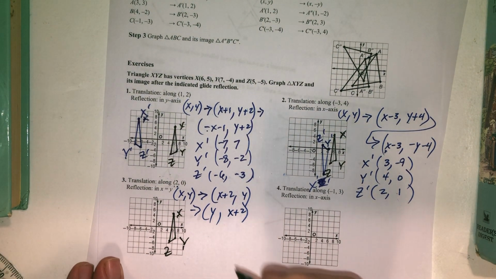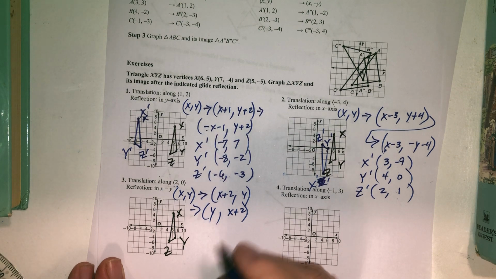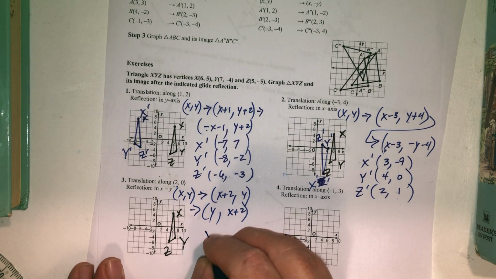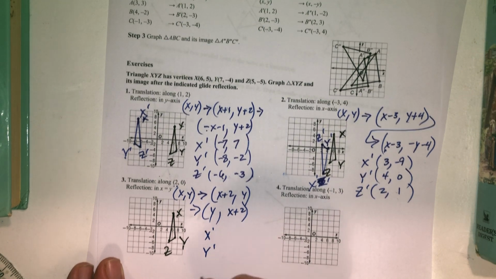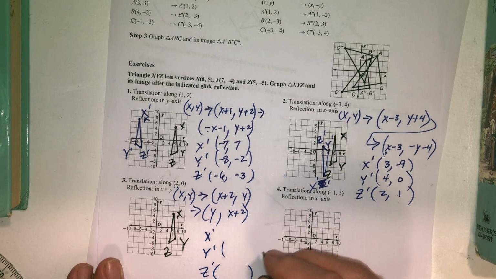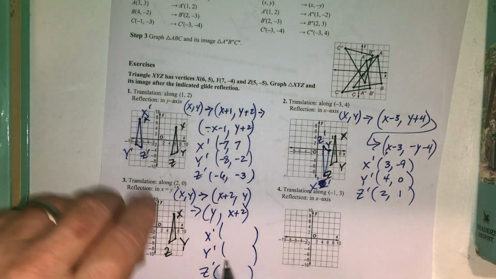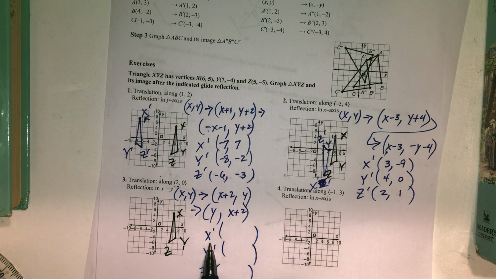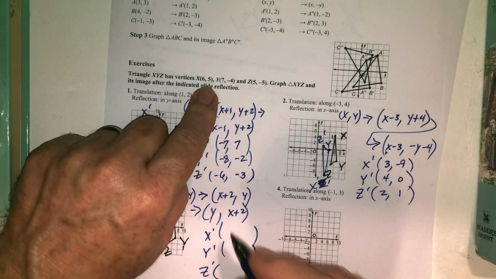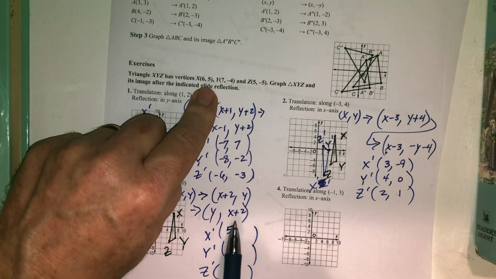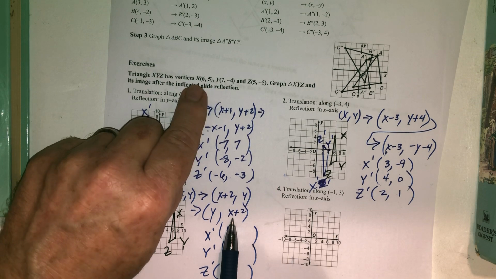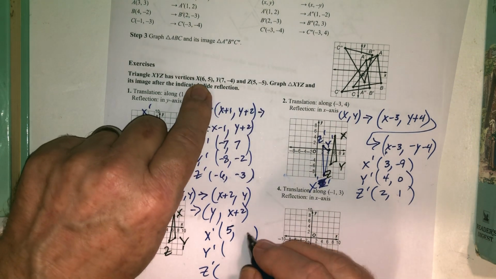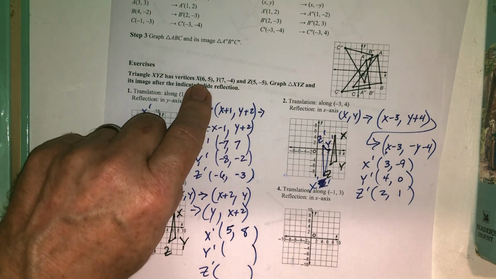Now let's find the composition of transformation coordinates. The coordinates for x prime, y prime, and z prime. Okay, so we need the y coordinate of x, which is 5, and then we want the x coordinate increased by 2. If we take that x coordinate 6, increase it by 2, you'll get 8.